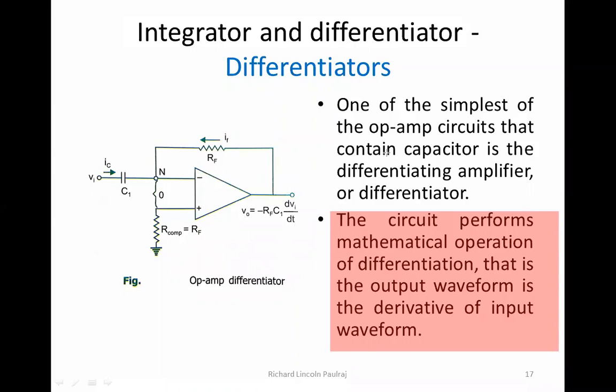The simple thing here is that my output is going to be a derivative or part of my input signal. So that is when I use a differentiator. Differentiators are also called differentiating amplifiers. And here you can see the difference between the minus and the plus terminal should actually be about 0.